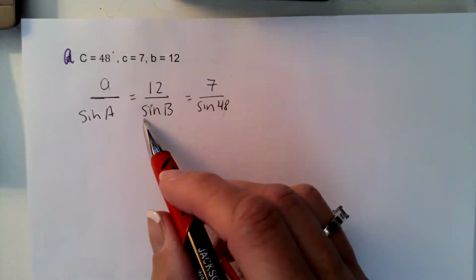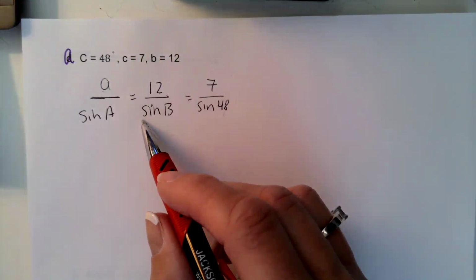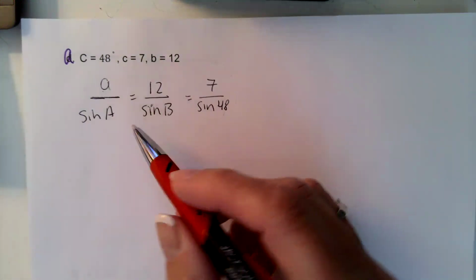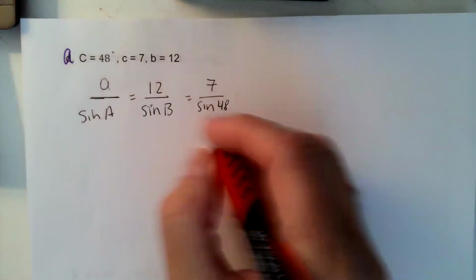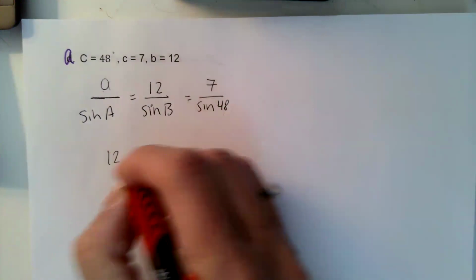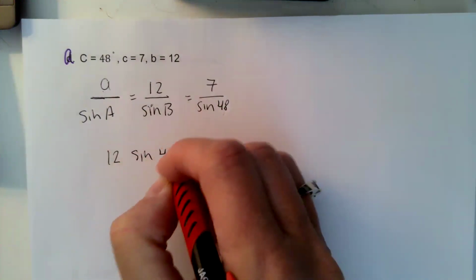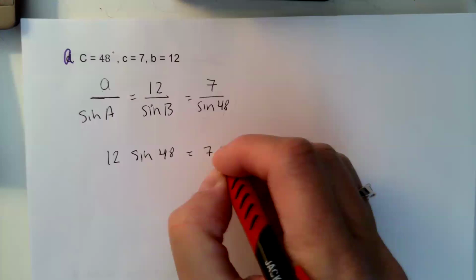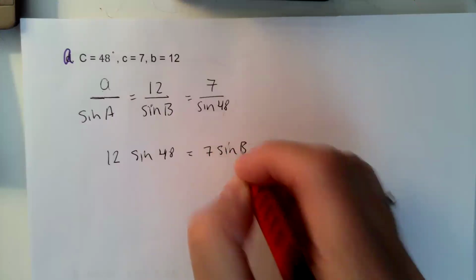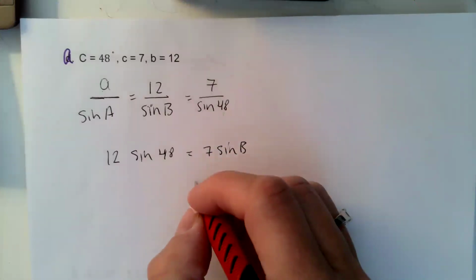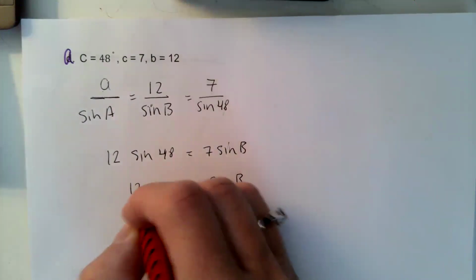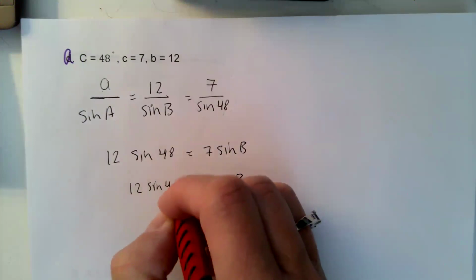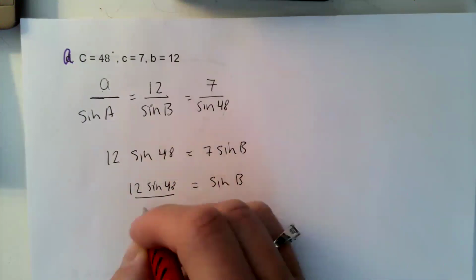So I am going to look at this. This is going to be multiplying both sides. So 12 times the sine of 48 equals 7 times the sine of B. So if I divide by 7, we'll have 12 times the sine of 48 over 7.